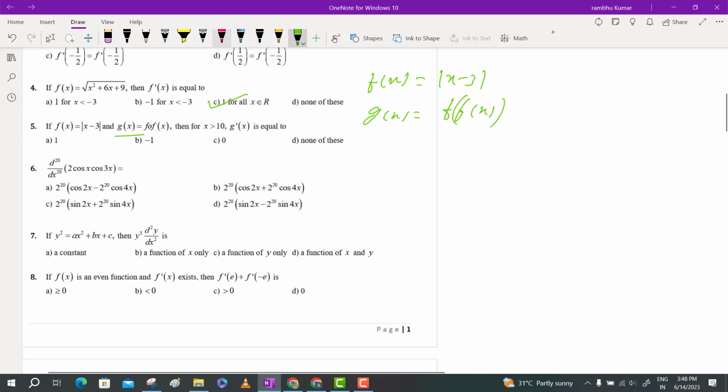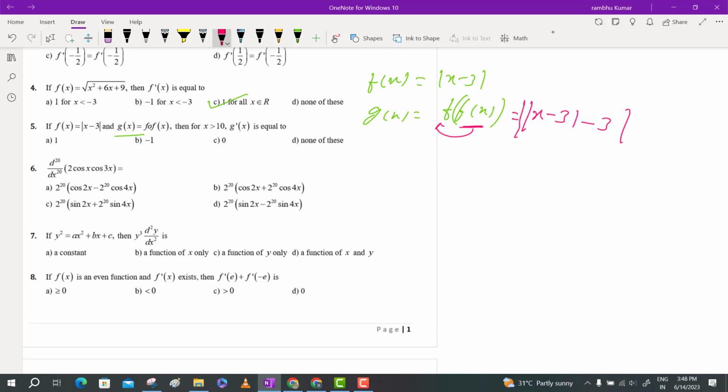So listen, this particular f of x is input for this f of x, which means we can write mod of mod x minus 3, whole minus 3, like this. Got it?